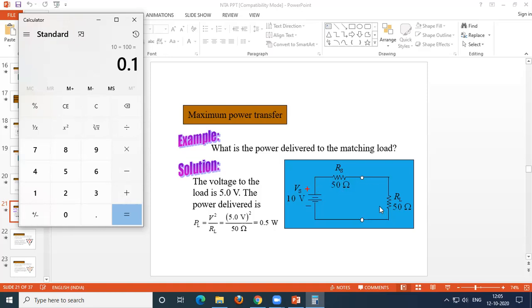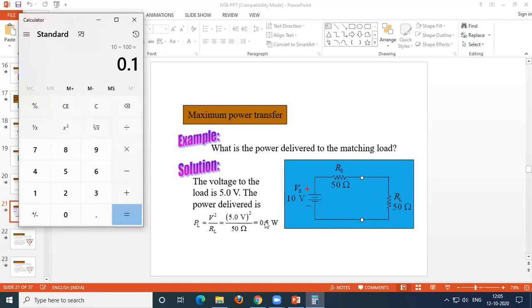So here 0.1 ampere current is flowing, and the power dissipated across this load resistance RL is P equal to V into I, or current into voltage, or I square into R, or V square divided by RL.